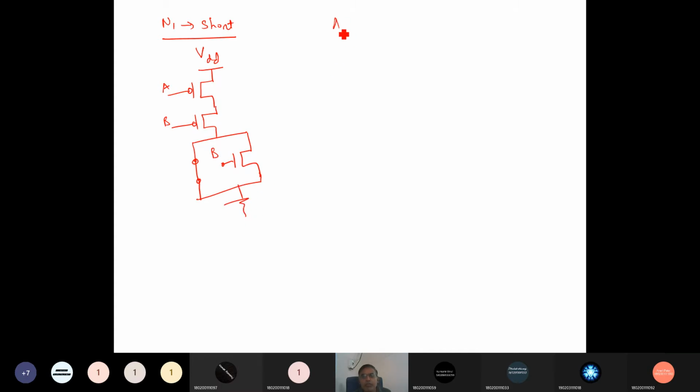Now let's give the input A, B equal to 0, 0. When A is 0, the P MOSFET is conducting. B is 0, so it also makes the other P MOSFET conducting. This is already shorted, and the other N MOSFET is in open circuit because the input is 0. So this is the equivalent circuit.